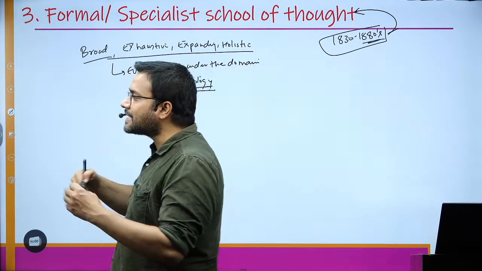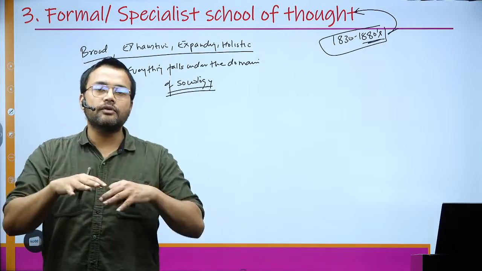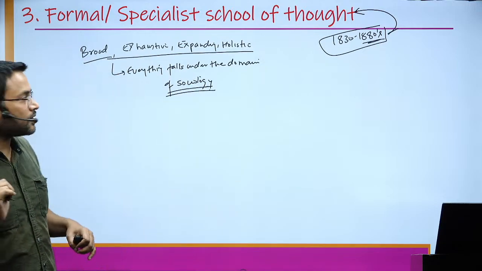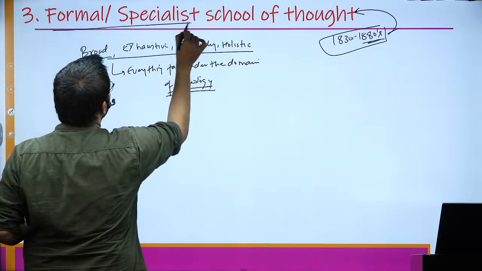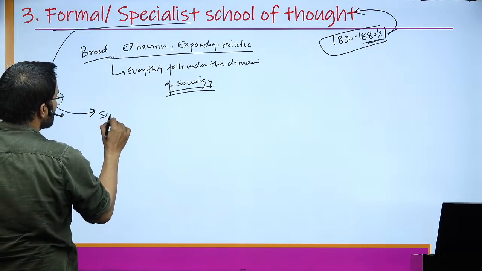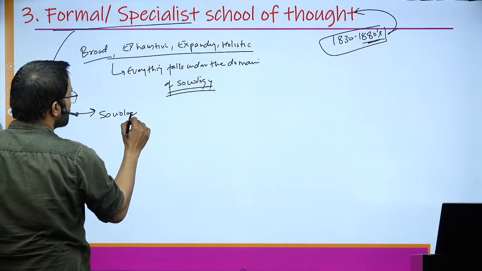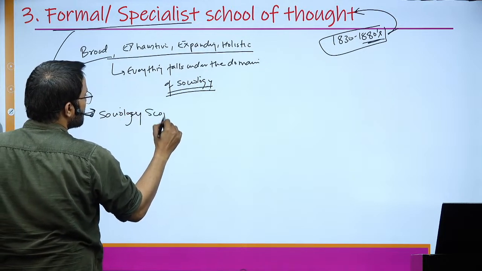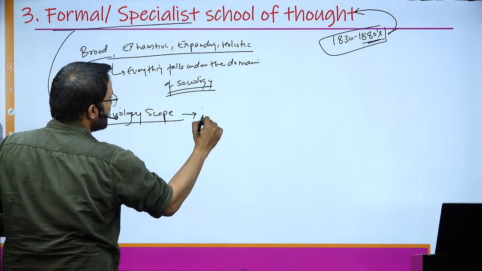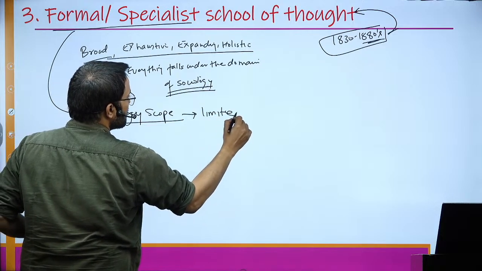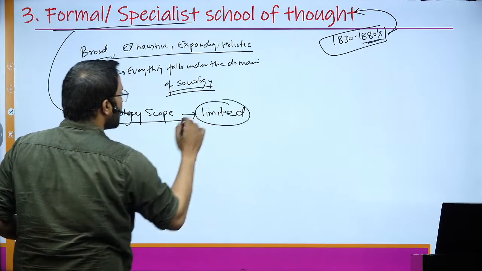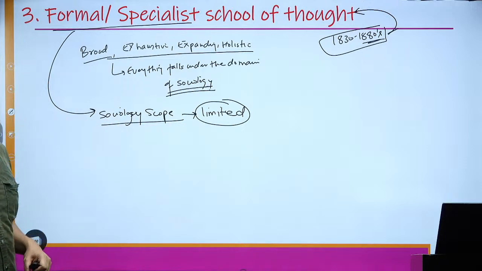This formal or specialist school developed as a criticism of the earlier synthetic or encyclopedic school. They believe that the scope of sociology is very limited. Not everything falls under the domain of sociology.